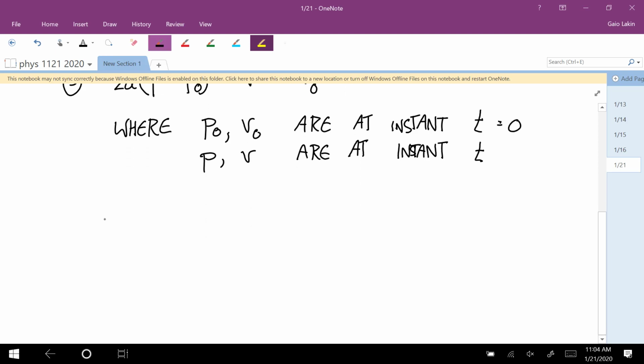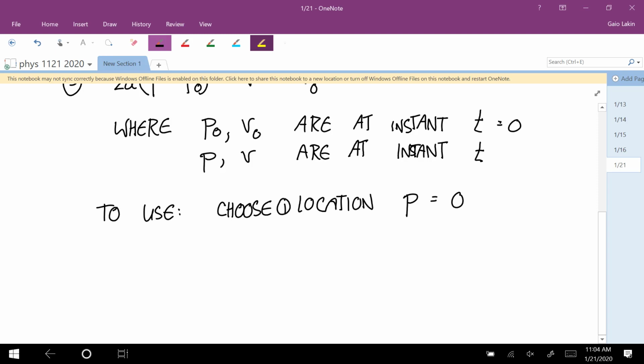And what we saw is that to use these, we had to choose a physical location that corresponded to a 0 position. We had to choose a positive direction.